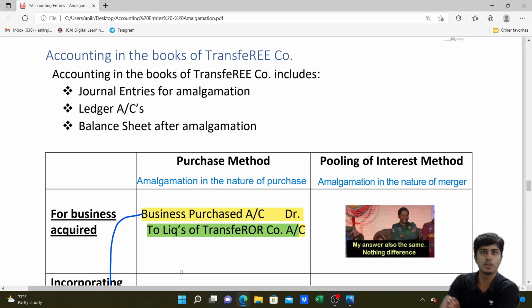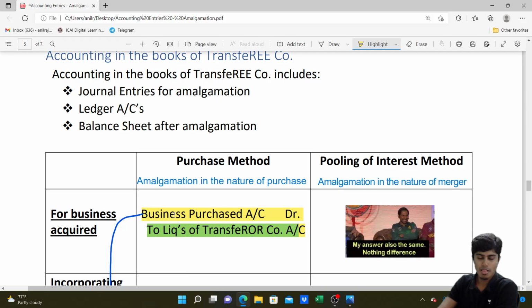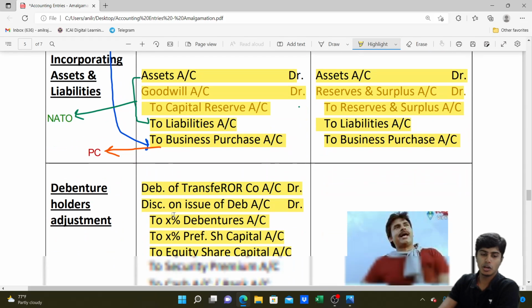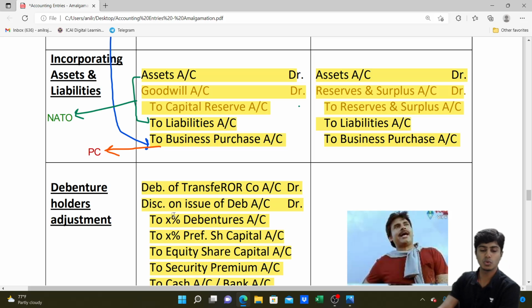So the first part is here, purchase method and pooling of interest method. In both the methods, what is the entry for business acquired? I hope you took a note of this. Then incorporating assets and liabilities, what is the entry?